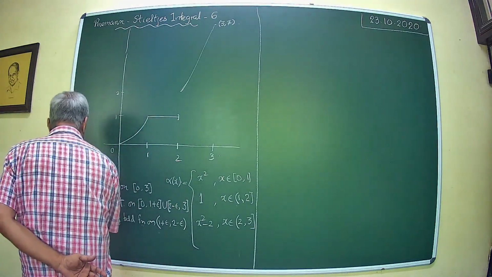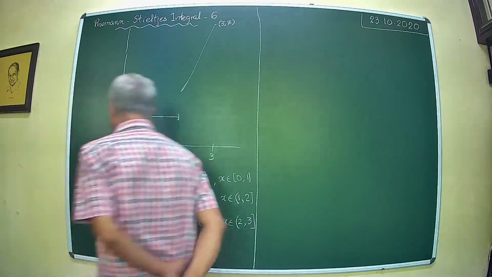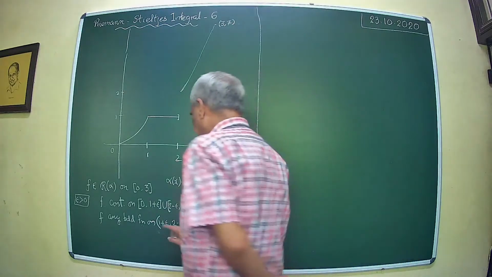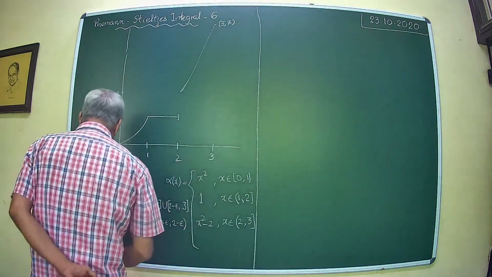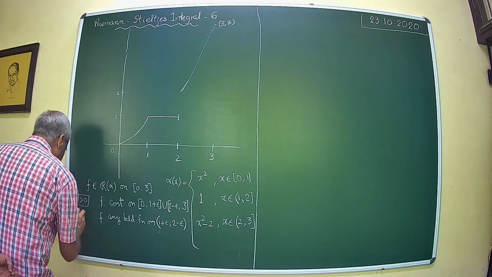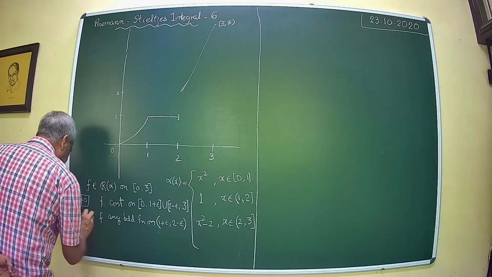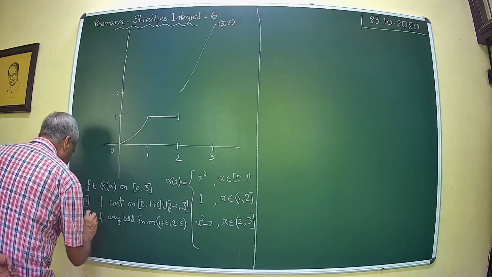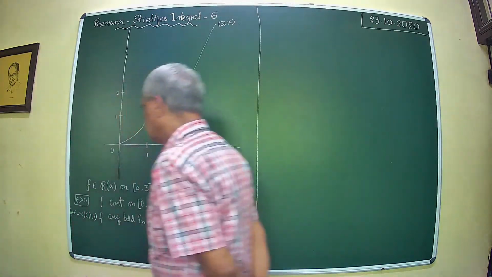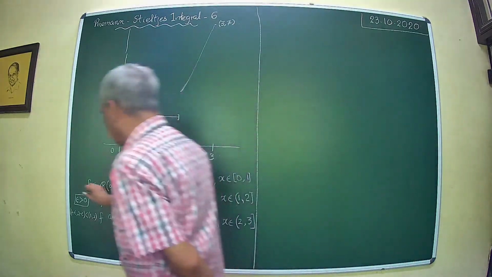Epsilon is some positive number small enough so that 1 plus epsilon, 2 minus epsilon is contained in this one. That's the choice.